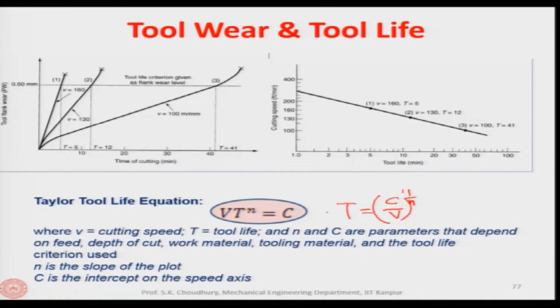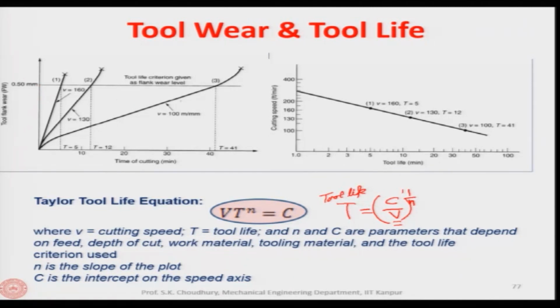It shows how the cutting velocity affects the tool life. And the tool life, as we said, we define by saying that the flank wear should not go beyond, let us say, 0.3 millimeter.